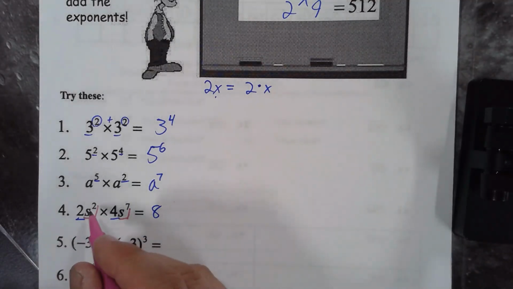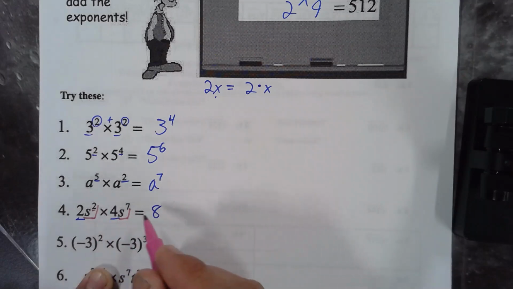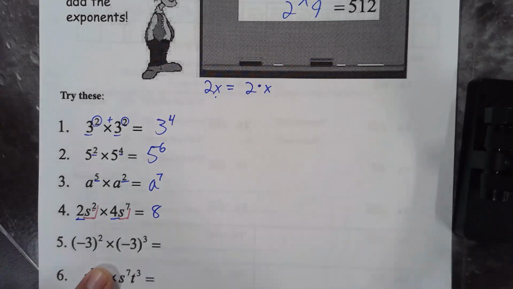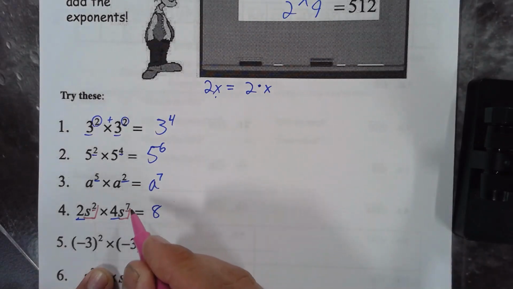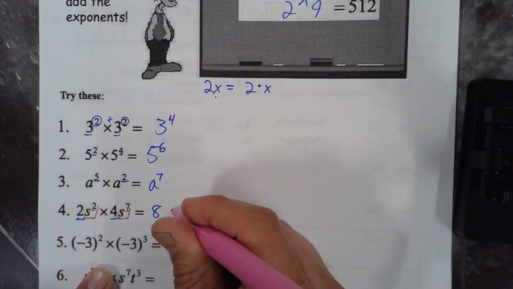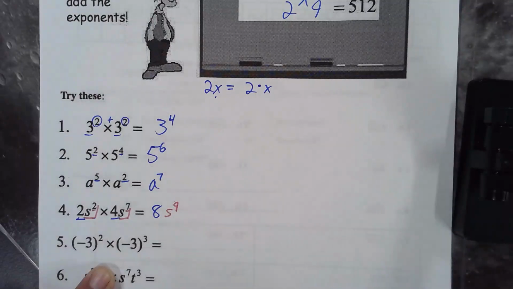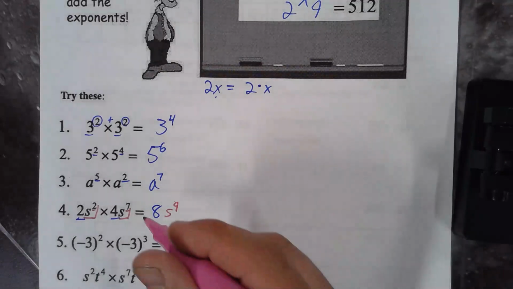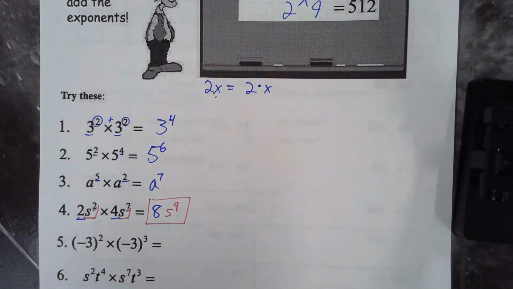Remember, I'm adding. So multiplying, exactly. So s to the 2nd times s to the 7th is s to the 9th. So that would be my final answer on this one: 8 times s to the 9th.